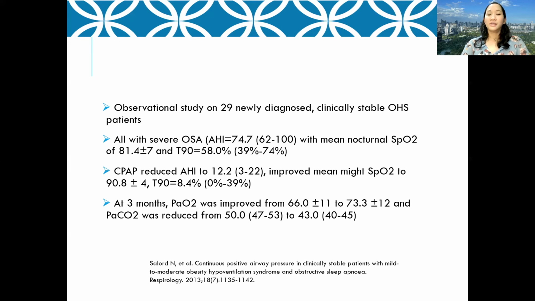And according to this study, CPAP was able to reduce AHI to 12.2 and improve mean saturations to 90% and reduce the T90 to 8.4%. And at 3 months, PaO2 was improved from 66 to 73, and the CO2 level was reduced from 50 to 43.